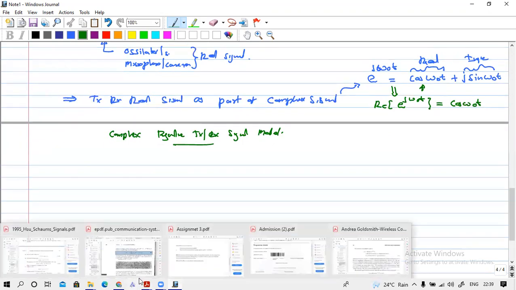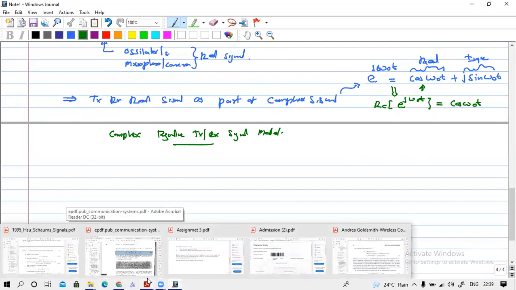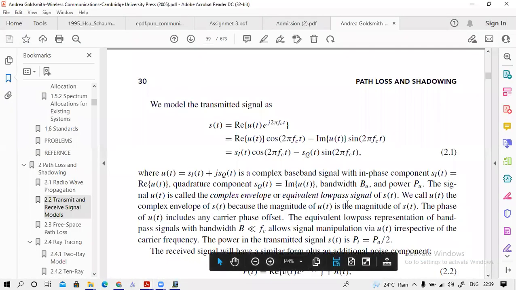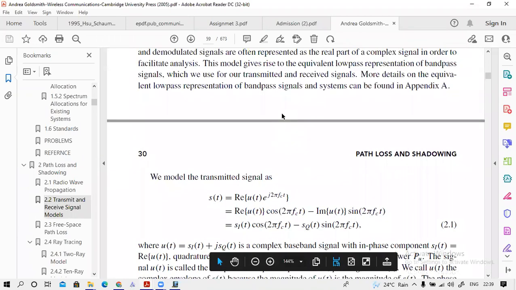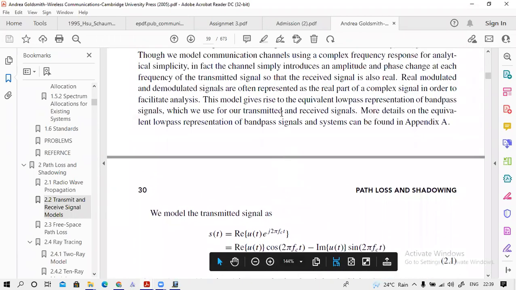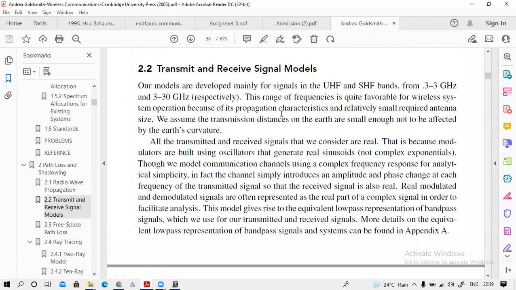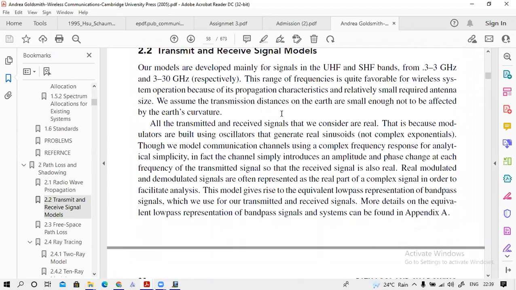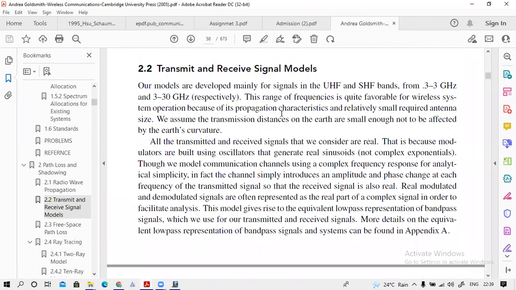You can find more details in many wireless and digital communication books where this model is described. In Andrea Goldsmith's wireless communication book you can also find these complex signal models.